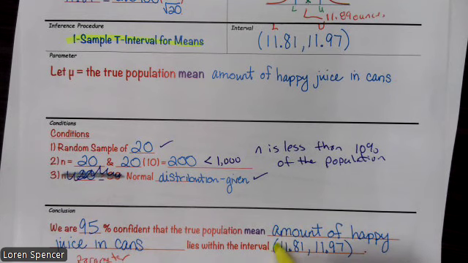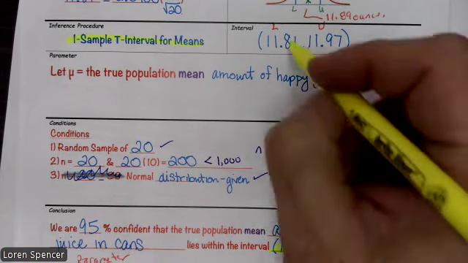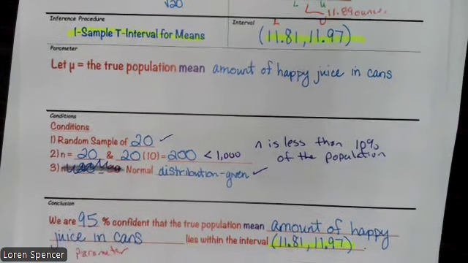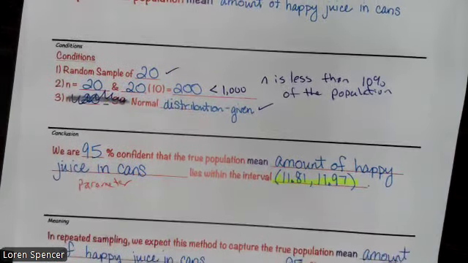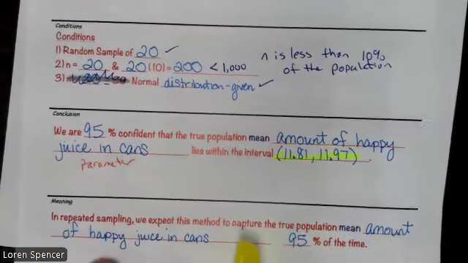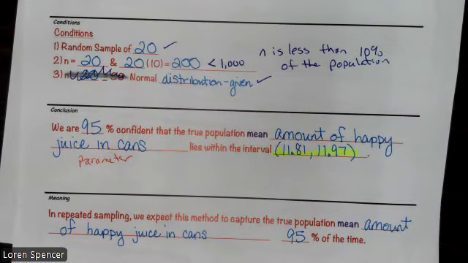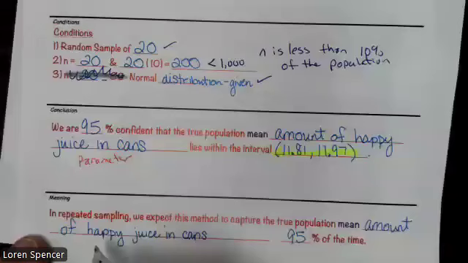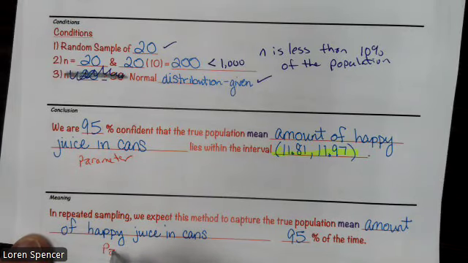Here's our interval that we calculated earlier, the same thing as we have up there. Lastly, the meaning. In repeated sampling, we expect this method to capture the true population mean amount of happy juice in cans 95% of the time. Once again, this is just a restatement of the parameter.